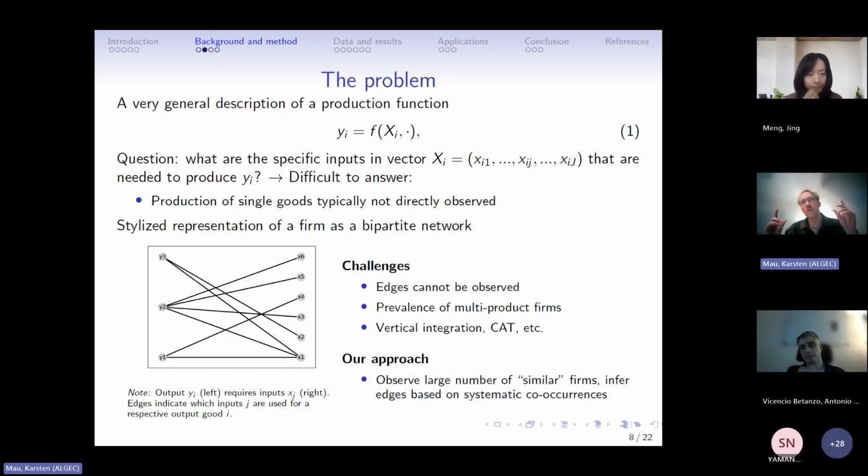And then, of course, we want to also make sure that the degree of product diversification, so the number of products a firm exports, is not too excessive, so that we can still reasonably conclude from the co-occurring patterns that there's actually a link between two particular items and that the multi-product character of the firms is not leading to too high levels of inaccuracy and mismeasurement.